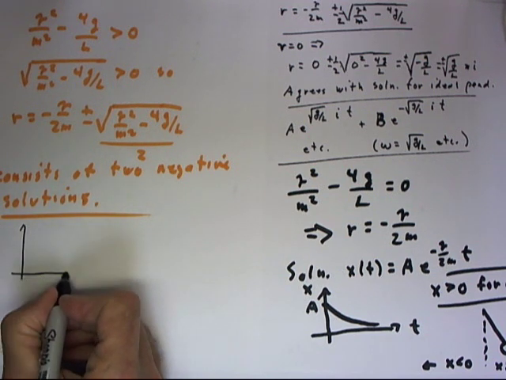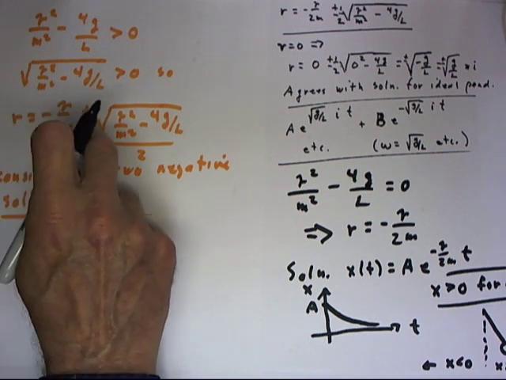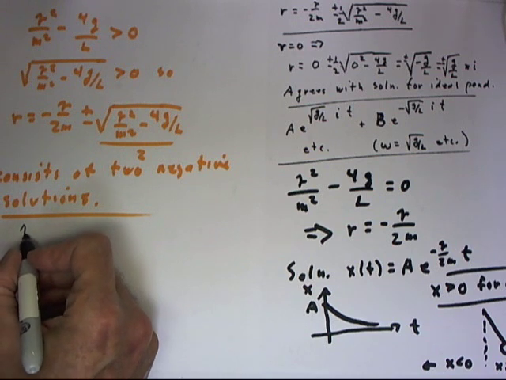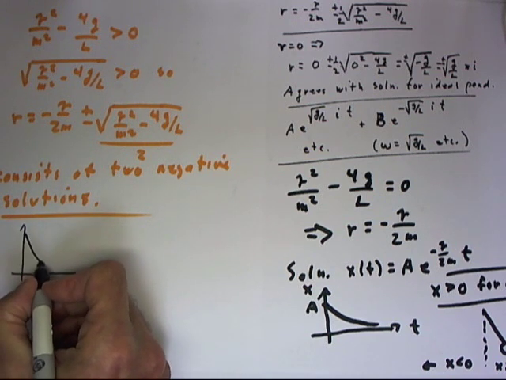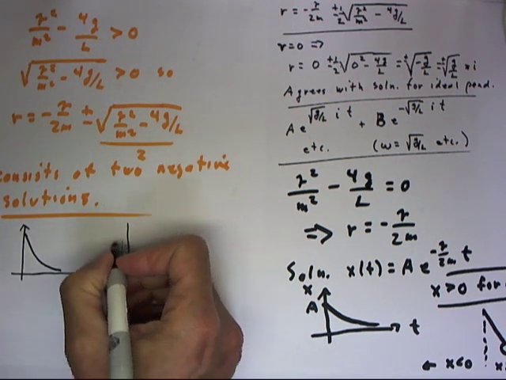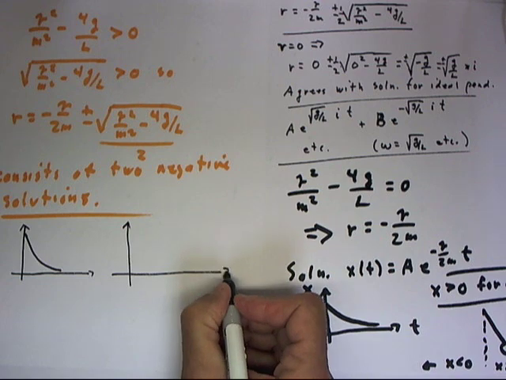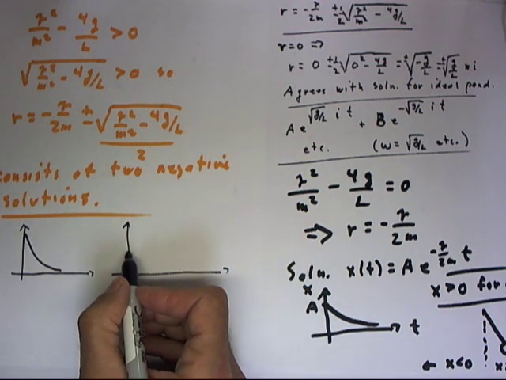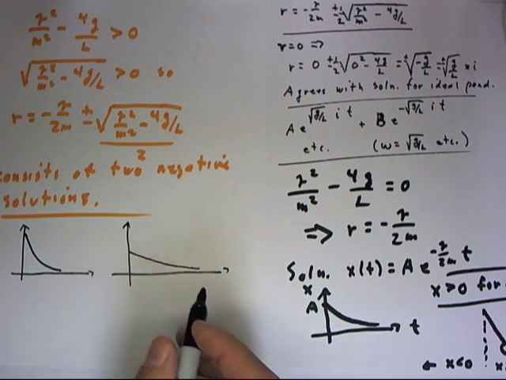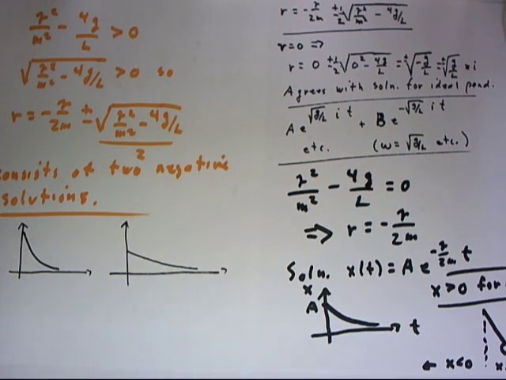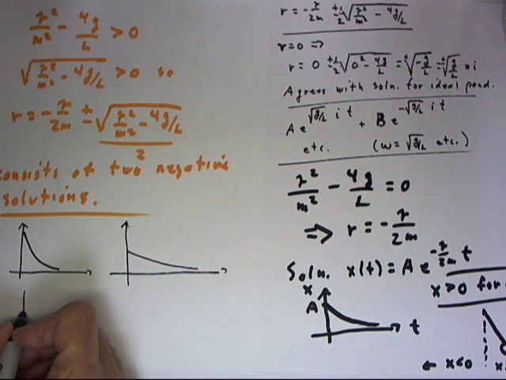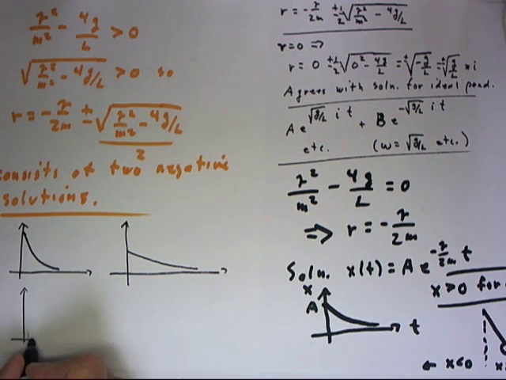Now, one of them, the one that we get if we use the minus, is going to have a more negative value, so one of these solutions is going to approach 0 more rapidly than the other. So we're going to have 2 exponential solutions, one of which approaches 0 rapidly, one of which will approach 0 less rapidly. When we superpose these 2 solutions, when we add this solution to this solution, we get something that looks a whole lot like a single exponential.